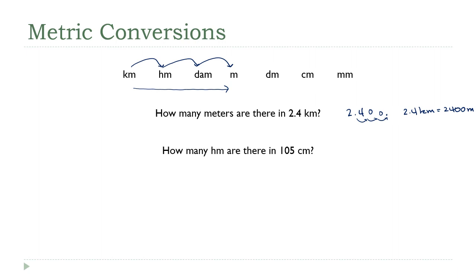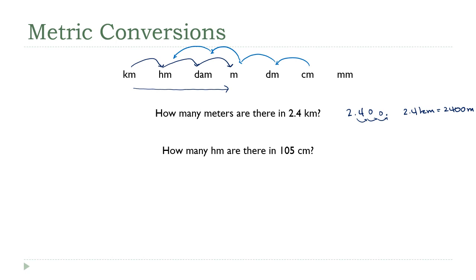So let's look at another one. I want to know how many hectometers there are in 105 centimeters. Same procedure. I'm going to start at centimeters and count 1, 2, 3, 4 units to get all the way over to hectometers.